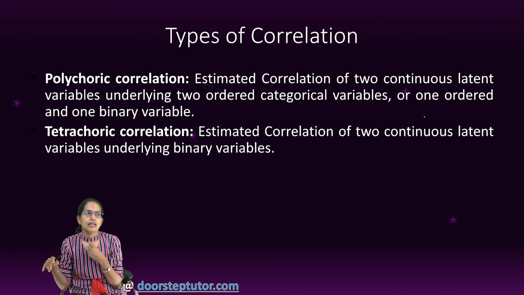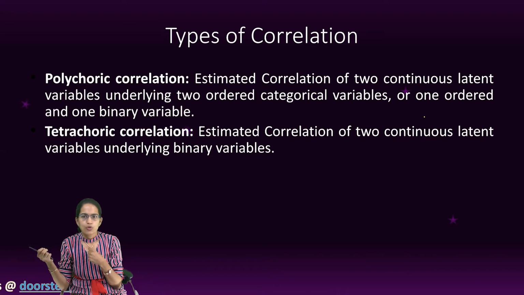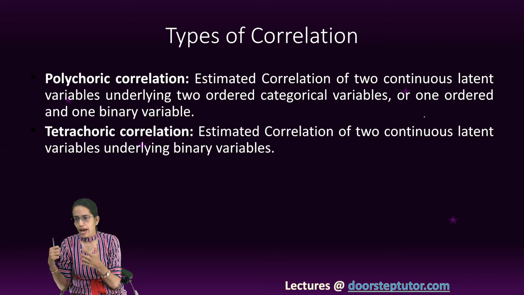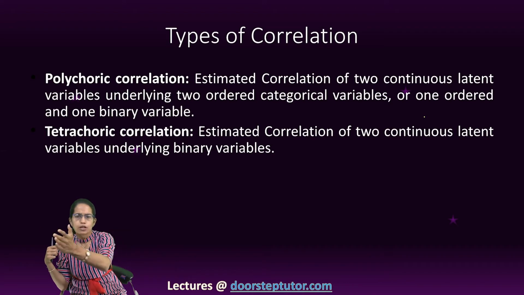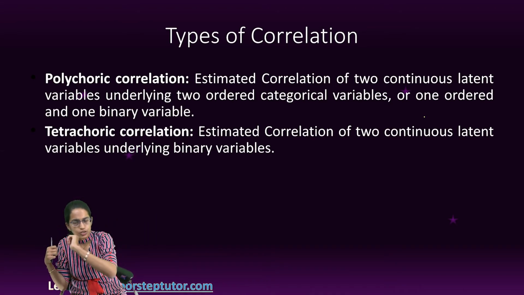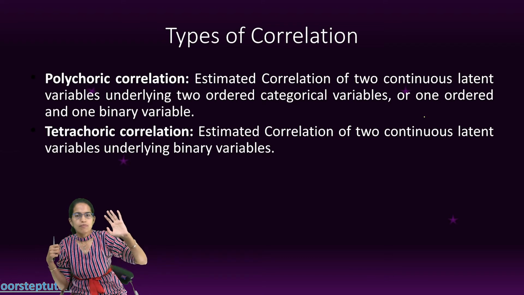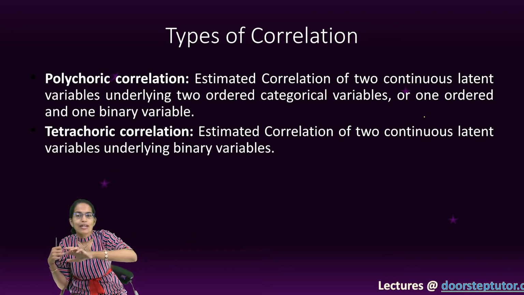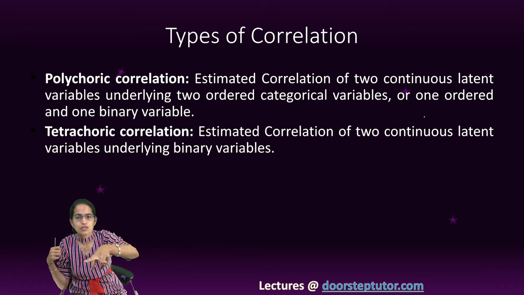I give you a very simple example. Let's say I am trying to study the attitude towards driving and attitude towards females. When I say attitude towards driving, I can have a sample of population which can have various kinds of attitudes towards driving. Some could have positive association, some could have negative association. There can be a variety of attitudes that people have towards driving, but out of all those I just take two.